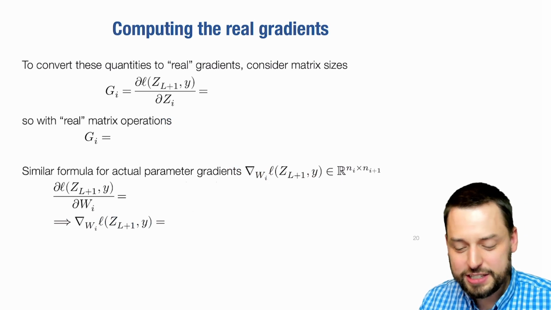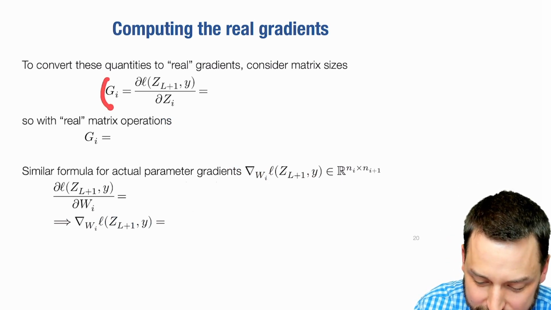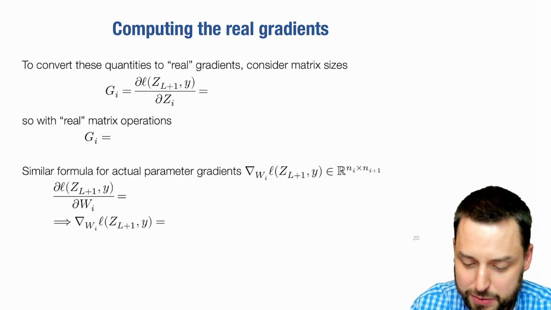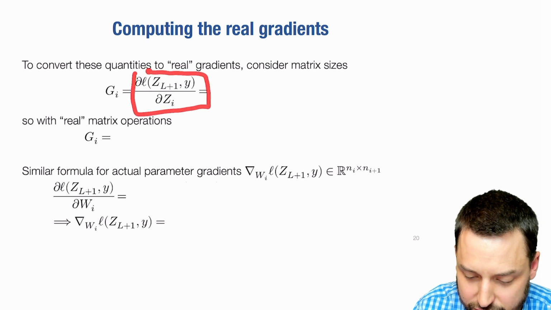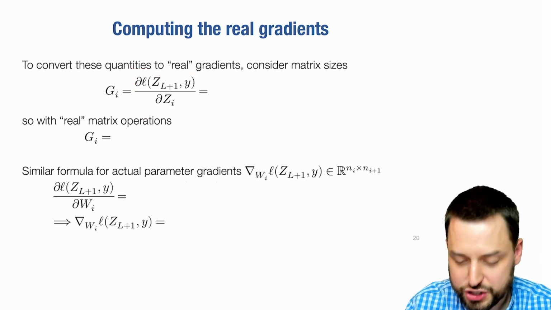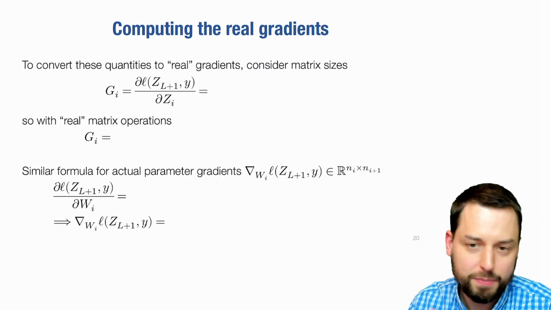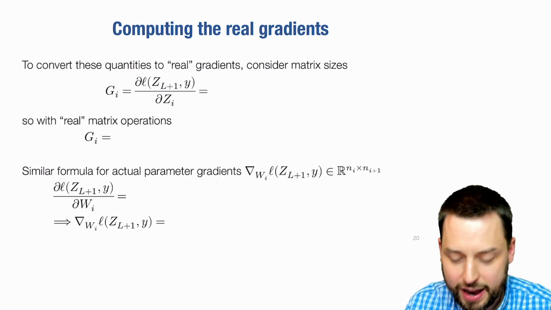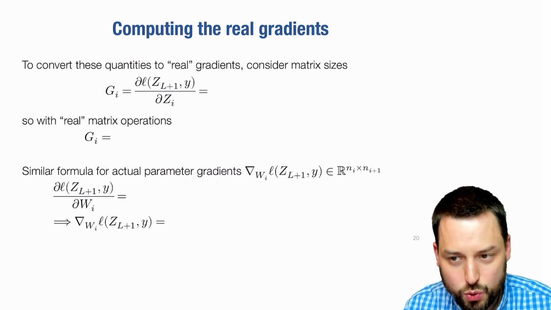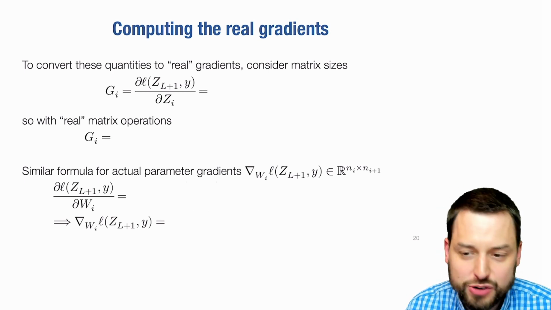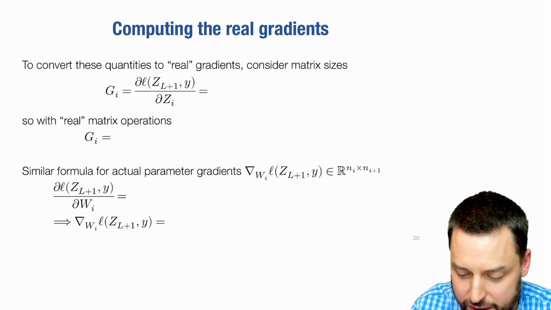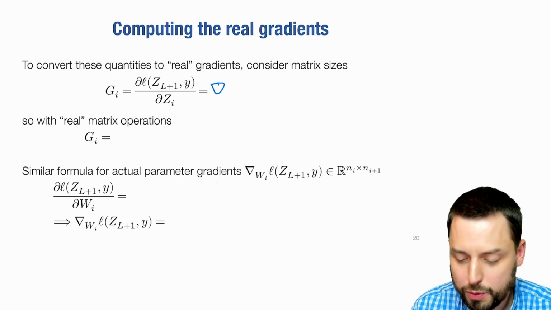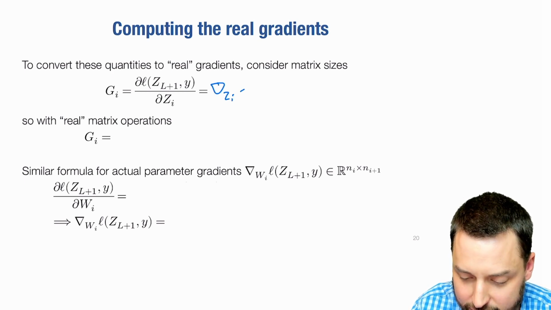Okay, so let's first talk about what these G_i actually are. The way I defined them, G_i was the partial derivative of our loss with respect to Z_i. But if we think about this as an actual quantity, what we want to store here is the gradient with respect to Z_i of this loss.